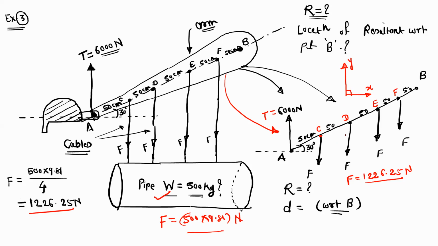For the parallel force system, if all the forces are acting only in the y direction, then the resultant R can be given by the equation summation Fy only. So we have to use this equation, and then we can find out the resultant value. And to find out the distance of the resultant with respect to point B, we need to use Varignon's theorem. Okay, so we will study this step by step.